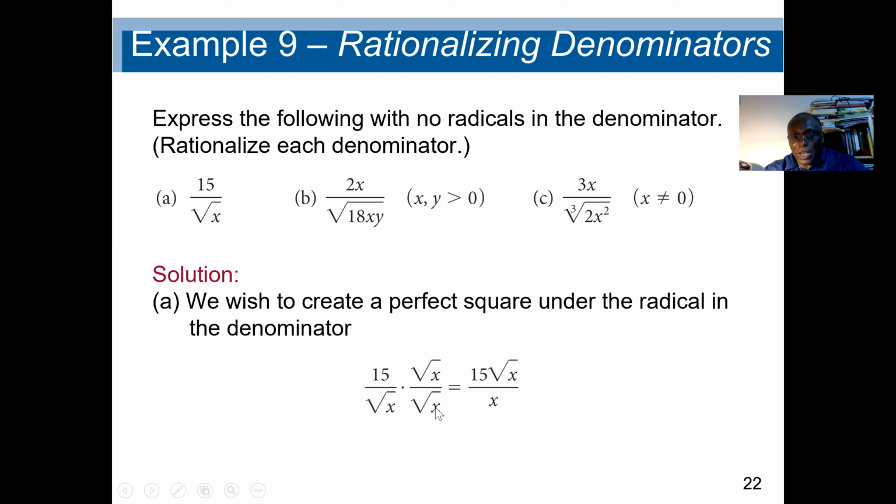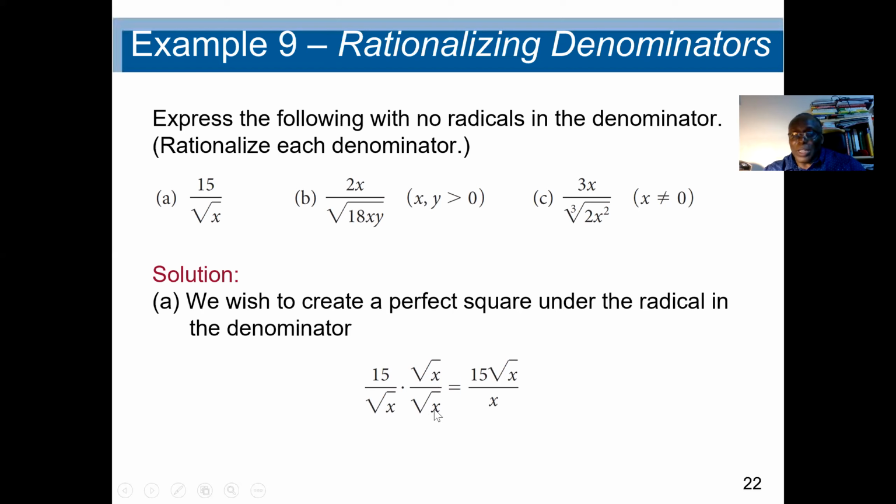So I'll multiply by square root of x, because the goal is to remove the radical sign from the denominator. And that's the only way, because square root of x times square root of x will give me x. Then we're going to get x squared square root. So we get half exponent times 2. Now the top we don't care, so we have 15.